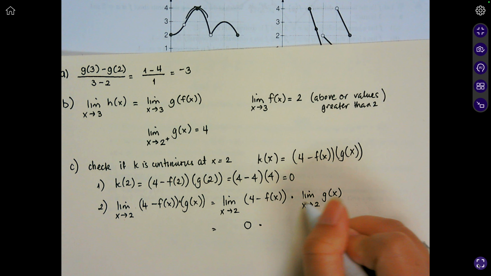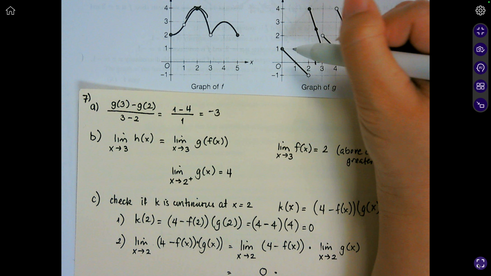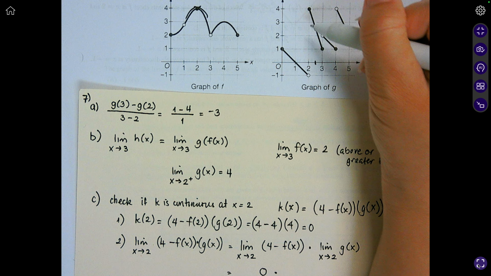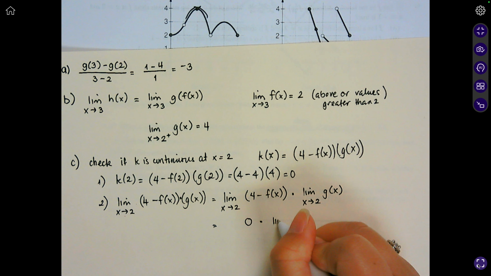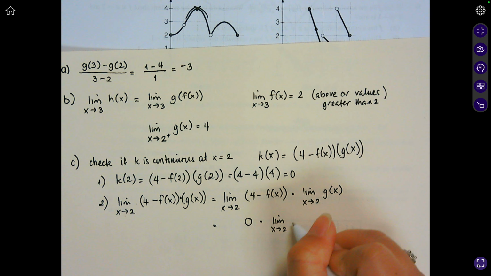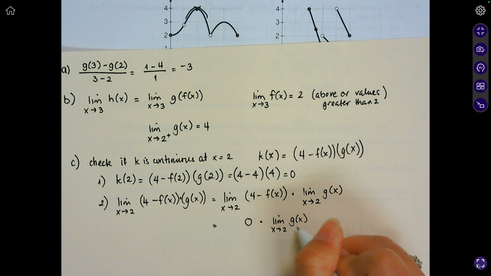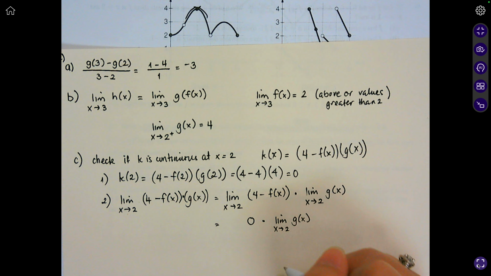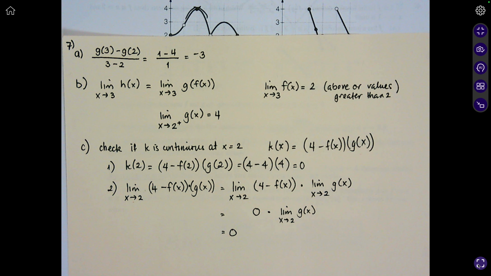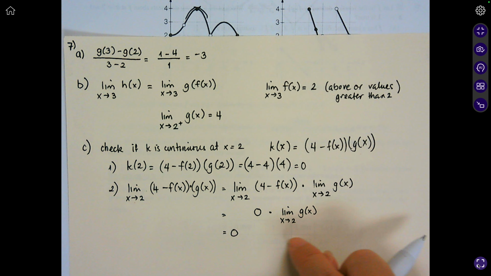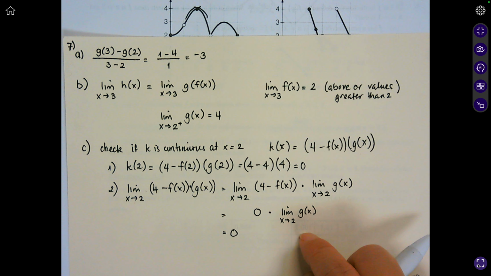So even though this limit does not exist because there's a jump discontinuity, when you take 0 and you times that, you get 0. So I don't need to find this limit. I know it's a jump discontinuity and the numbers are different, but when you multiply by 0, you get 0. If you need me to show you this, then ask me later, okay?